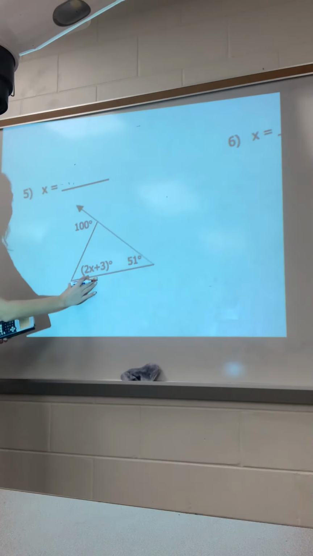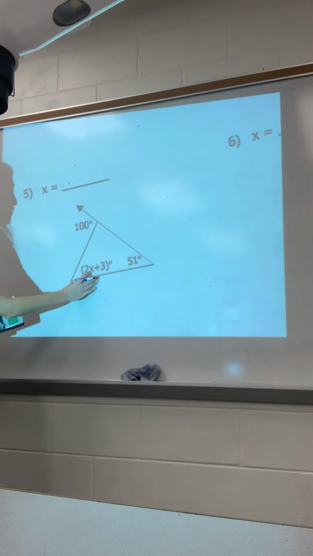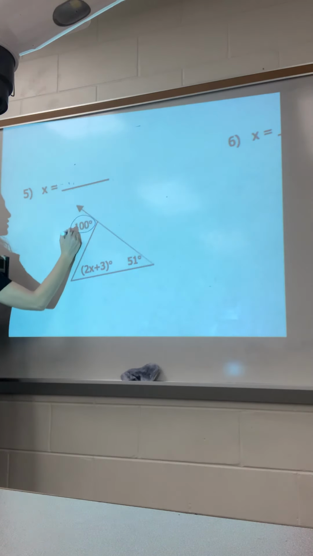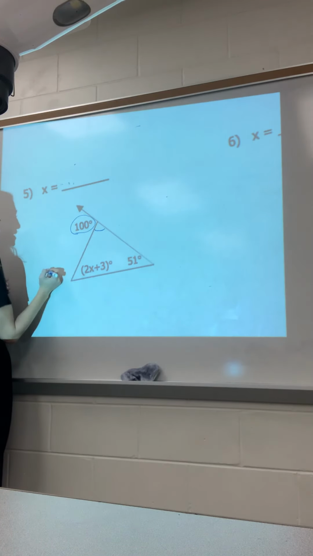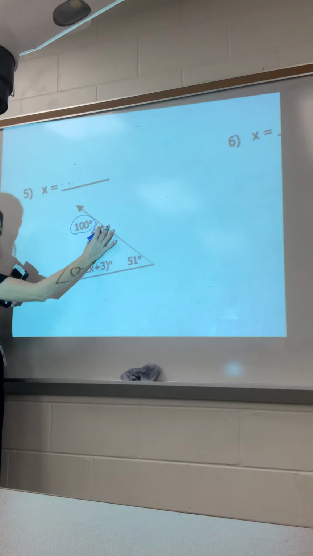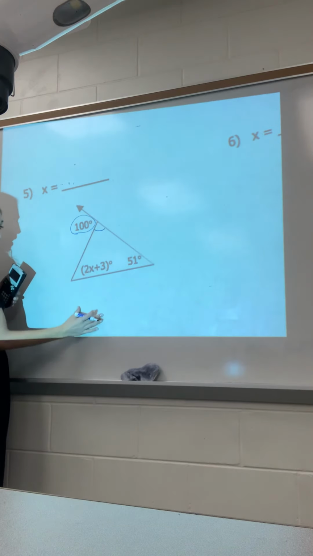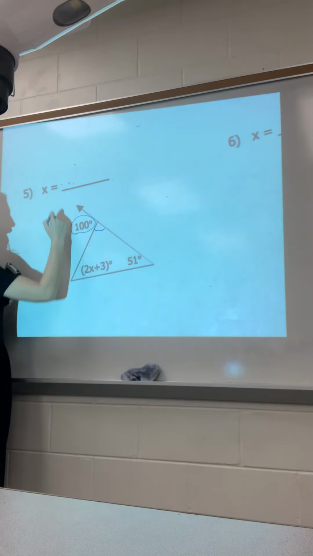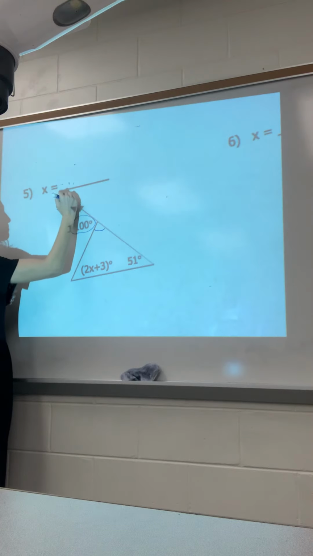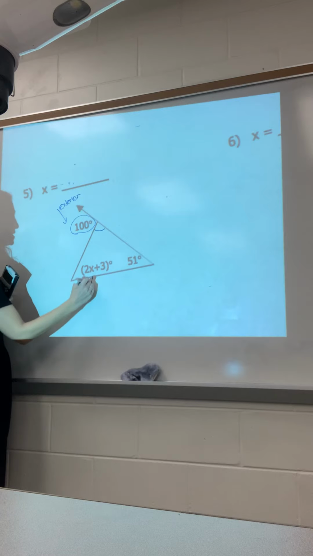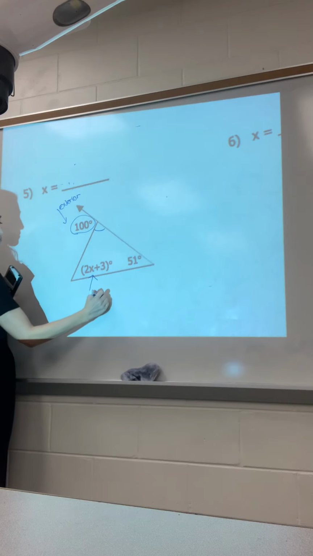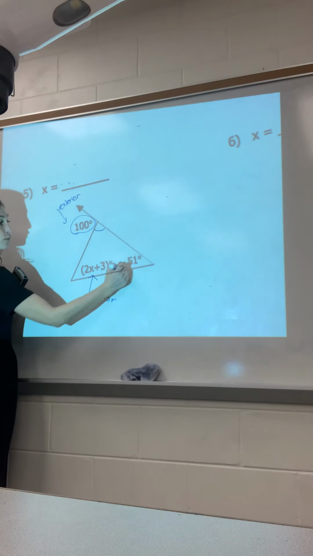Here we are, number 5. So we see here that 100 is my exterior angle, okay? Notice, it doesn't really matter what the angle next to it is because we do not need this angle to find the exterior angle, okay? So we can see that our exterior is 100 and our two interior angles, in this case, are 2x plus 3 and 51.